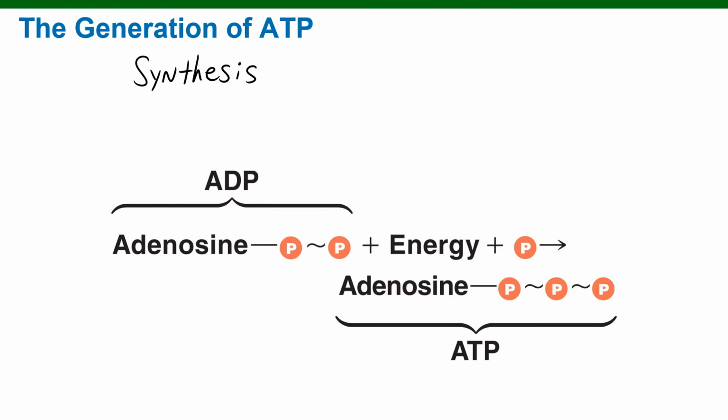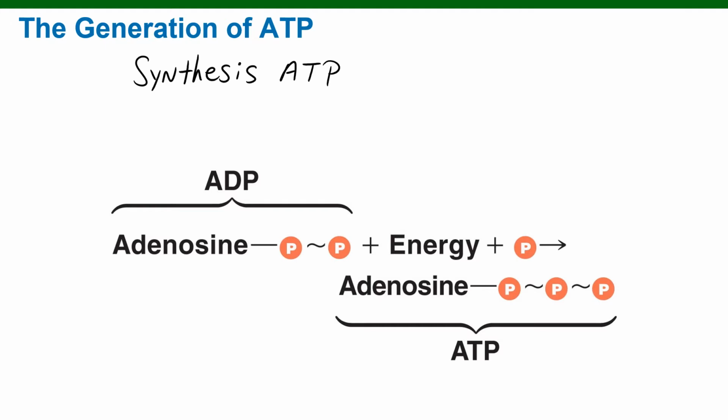And synthesizing ATP comes from the cell using enzymes to obtain ADP, which stands for adenosine diphosphate, and then attaching a third phosphate group to the ADP to make ATP, adenosine triphosphate. And the wavy lines that are drawn here are basically covalent bonds that have a high energy nature to them.